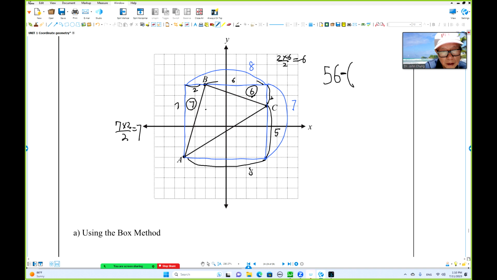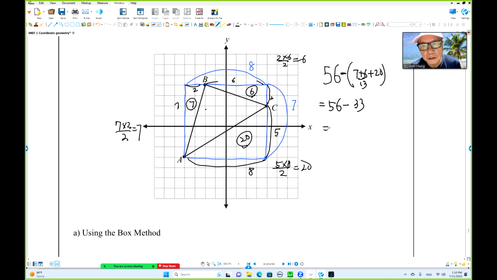This is still 8. 5 times 8 and divide by 2. That is 20. Take off all these 3 areas, okay? 56 minus 7 plus 6 and plus 20, this is 13 and 33, right? Which is equals to 23. So using the box, we just got an area 23, okay?